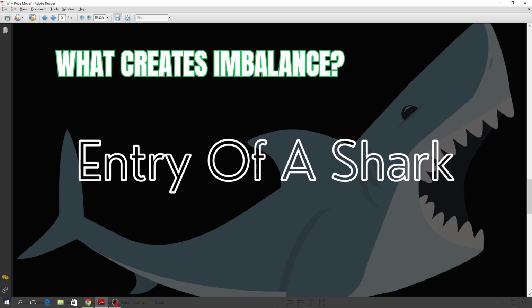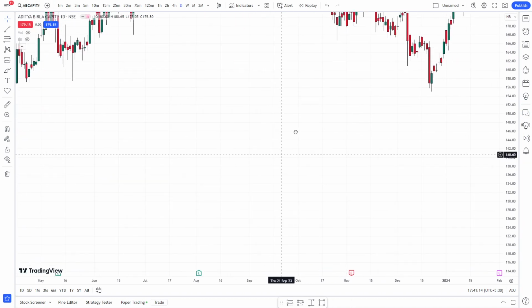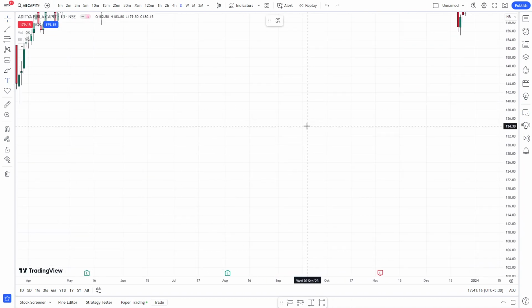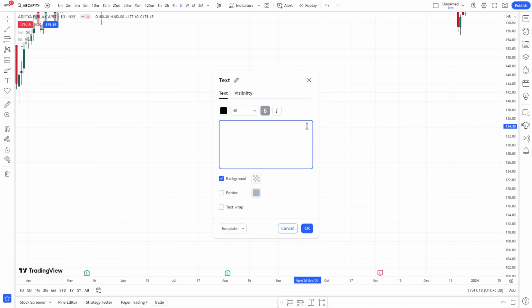What I want to say here is that when a shark enters the market with big orders, let me explain on the chart. For example, there are 500 retail traders, those who want to sell.